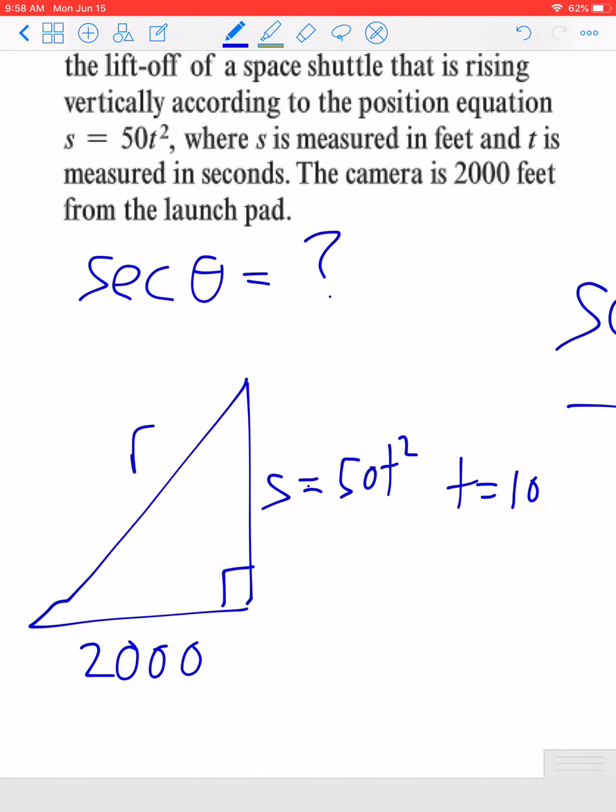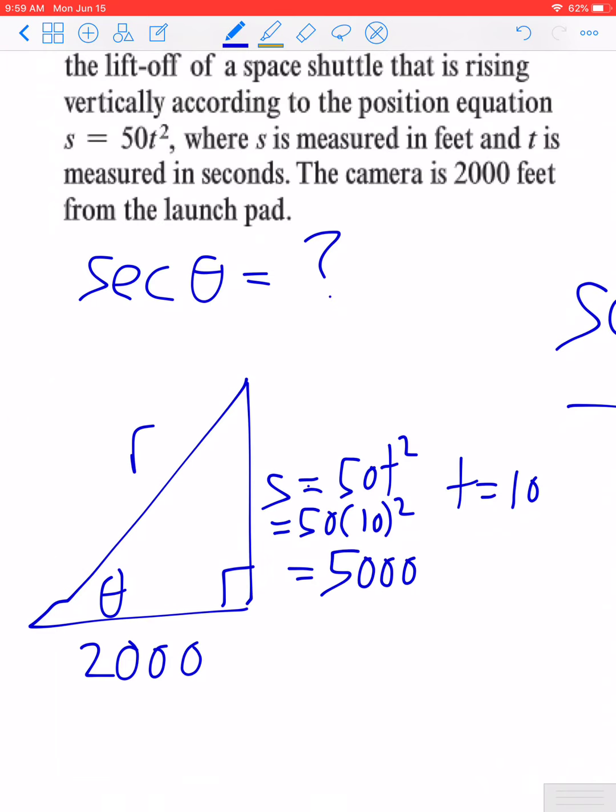So we can plug that in to find the length of this side. 10 squared is 100, and 100 times 50 would give us 5,000. So this side here would be 5,000.